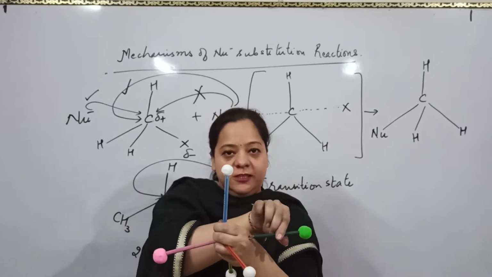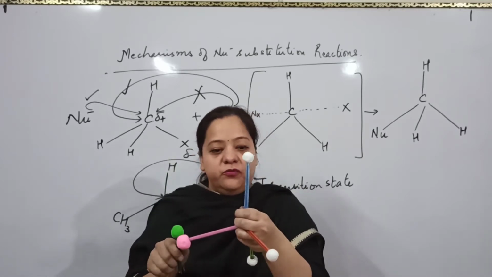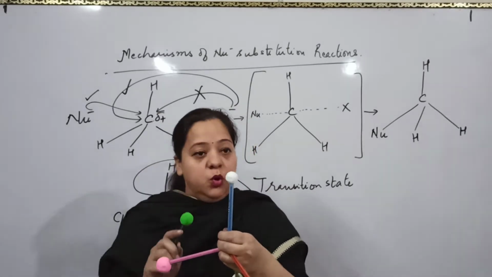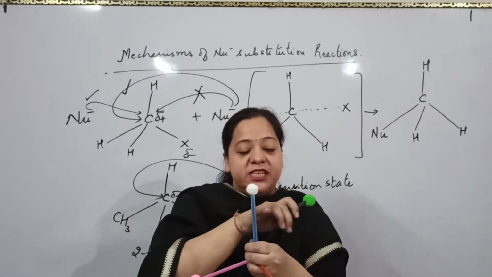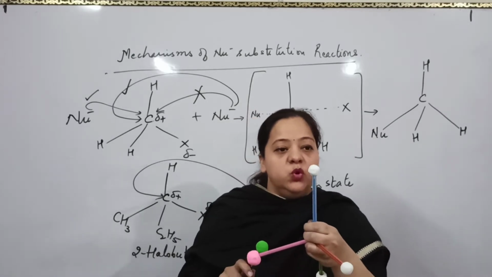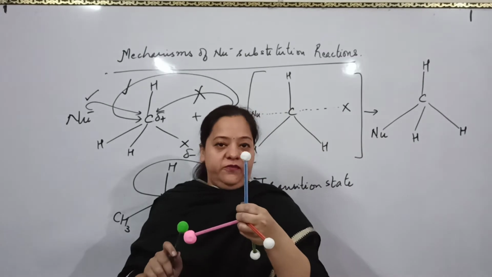Leaving group was on this side and the incoming nucleophile occupies the mirror image position. And so, if this alkyl halide is optically active, then this will lead to the inversion of configuration.